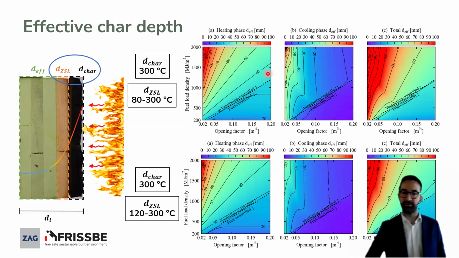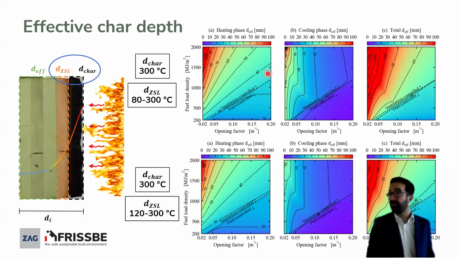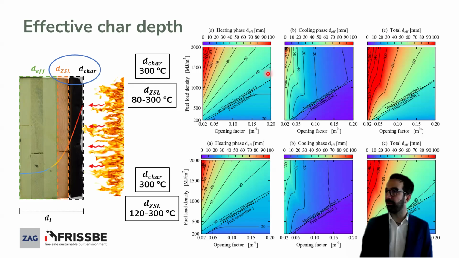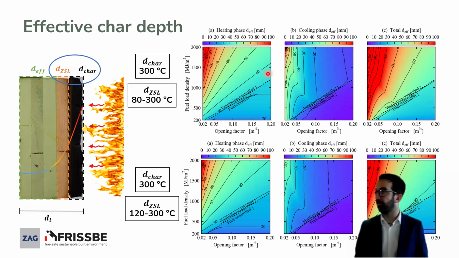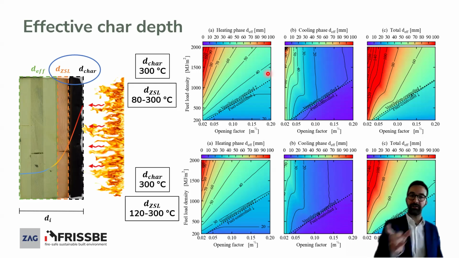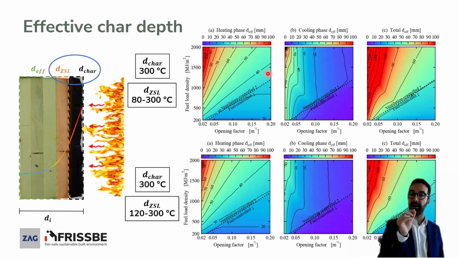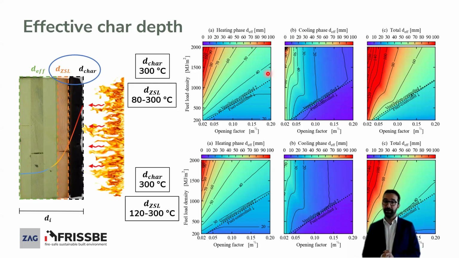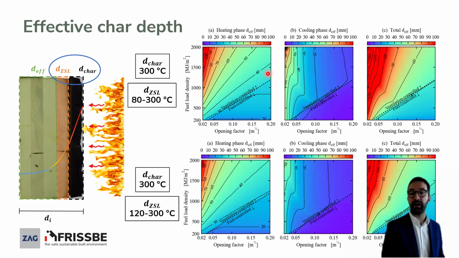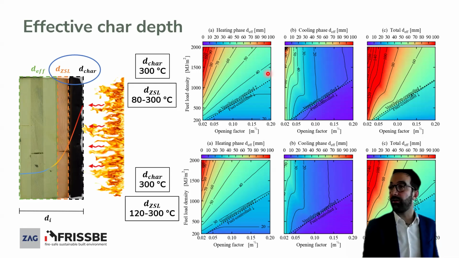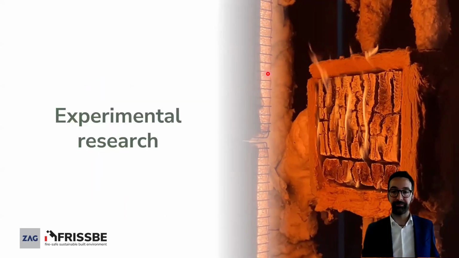So this means that what mainly drives the problem, since it's a transient problem, is not so much the actual temperature achieved within the compartment, whether 900 or 1000 or 1200 degrees, but the fire duration. This was the main outcome that we found from studying the problem numerically.